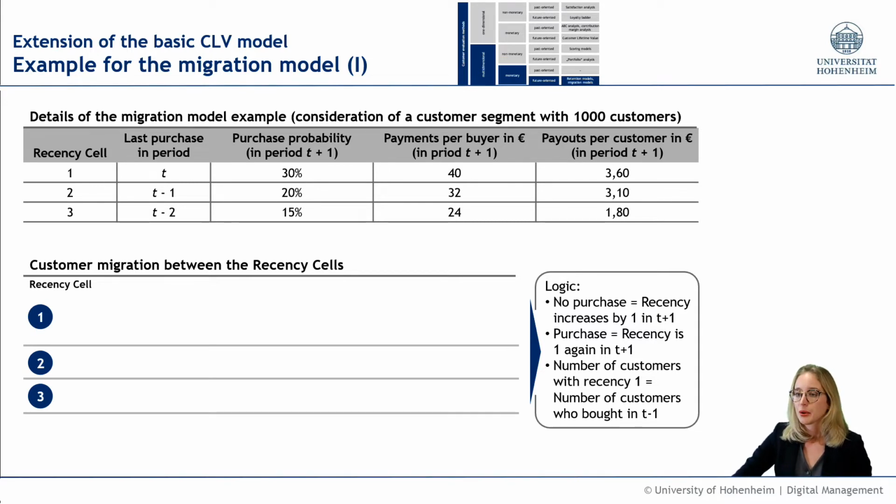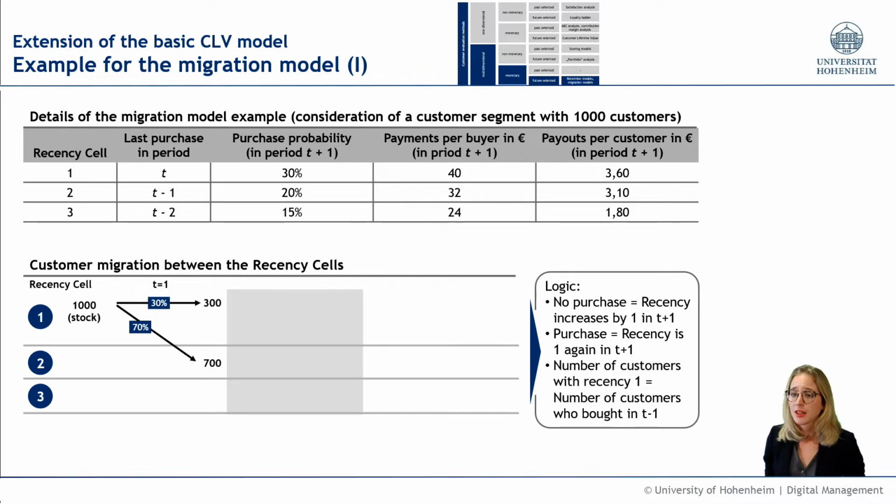Now let's have a look at how the plot unfolds. So we start with the 1,000 customers, right? That's our customer base. And the likelihood that those 1,000 customers will rebuy in the next period is 30%.